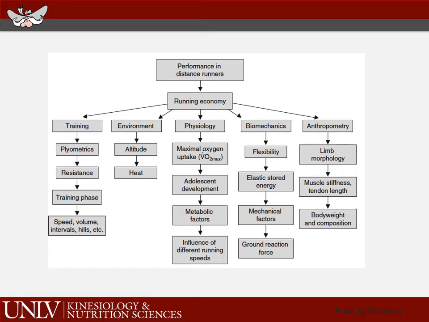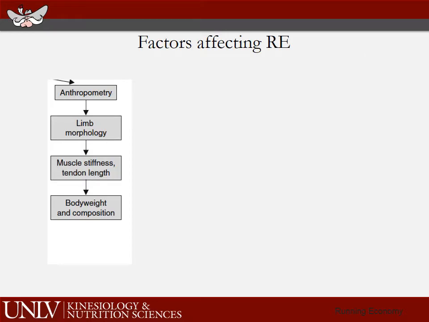Just a little bit of the ideas will be different and drawn more towards those particular things. But you see training, the environment, the physiology of the individual, the biomechanics of their movement, and their anthropometry all play a role in deciding some of these economies.